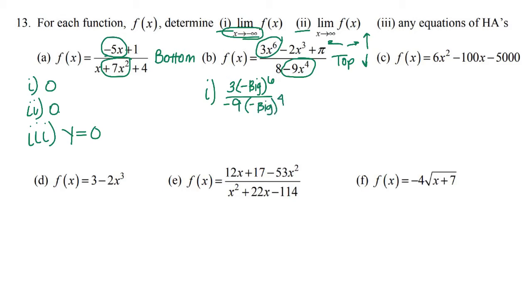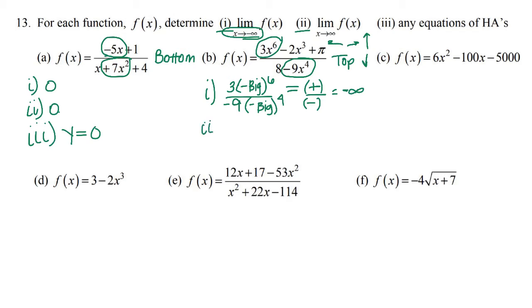And so checking our signs here, notice that's going to be a positive value on top, and in the denominator we're going to get a negative value. So that's going to give me a negative. So here my answer on the first one is that we are tending toward negative infinity.